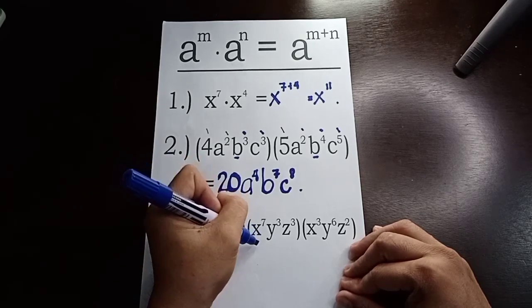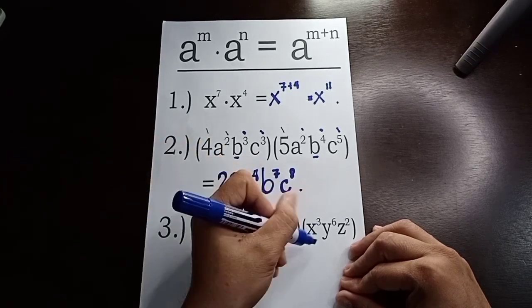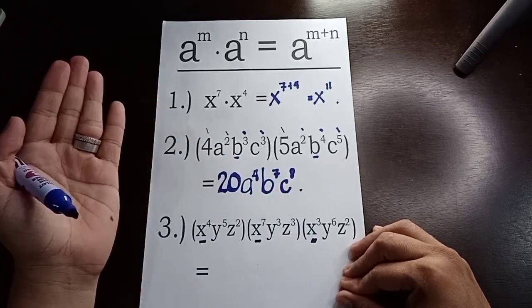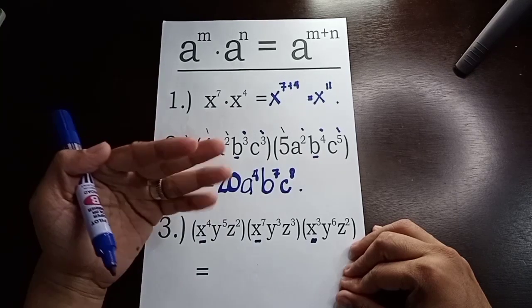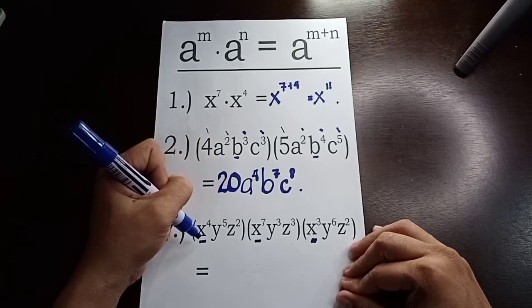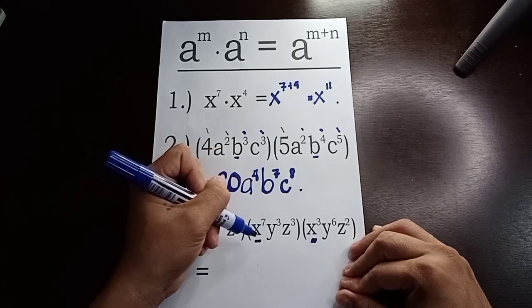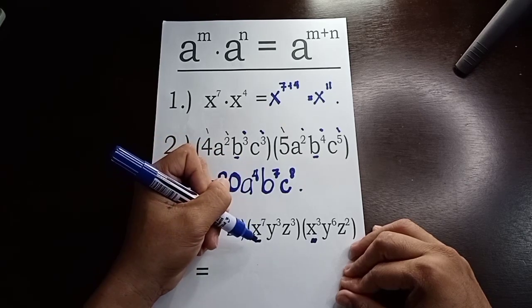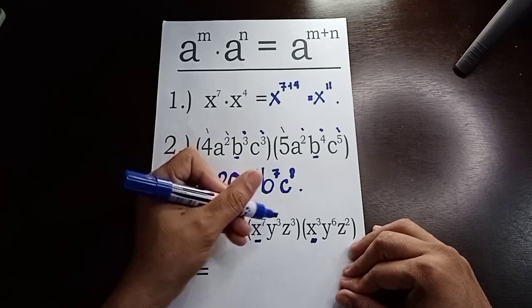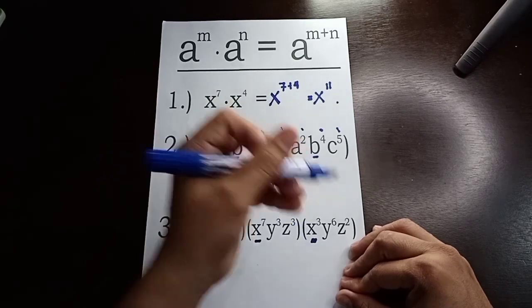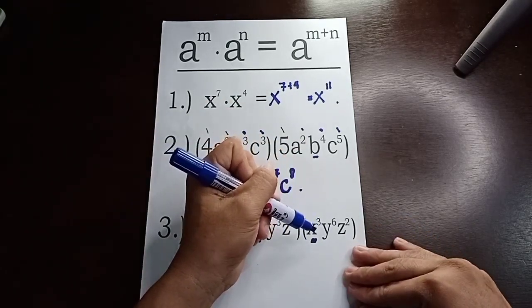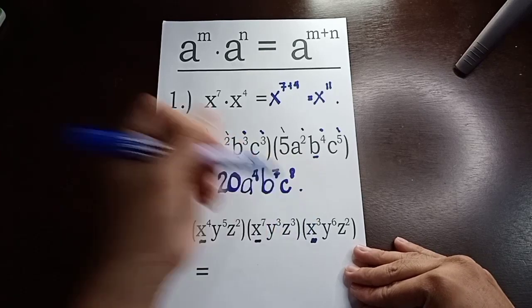So focus tayo sa base natin. Dapat magkapareha yung base bago natin i-add ang exponent. So, the first base in the first parenthesis is x. The second base in second parenthesis is x, and the base in third parenthesis is x.